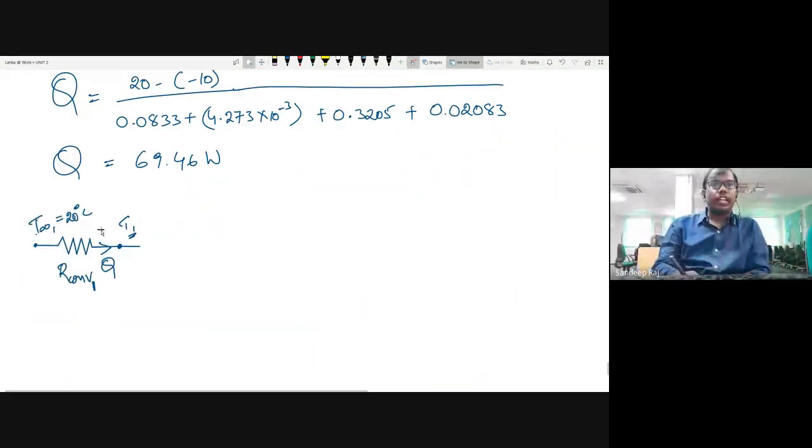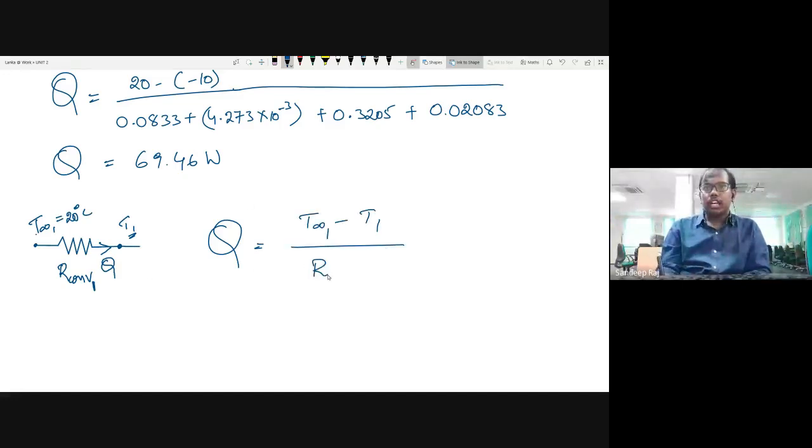So from this, what I can write is, Q is equal to the temperature difference, T infinity 1 minus T1, by the resistance R convection 1. You know the Q value now, it is 69.46, and T infinity 1 is 20. T1 you don't know, you have to calculate that.